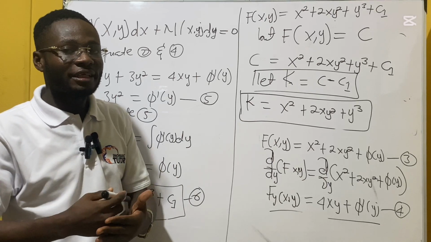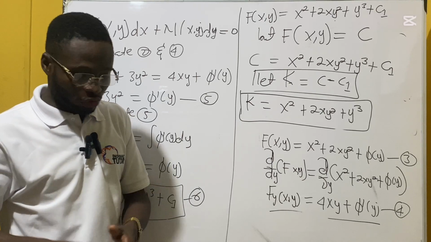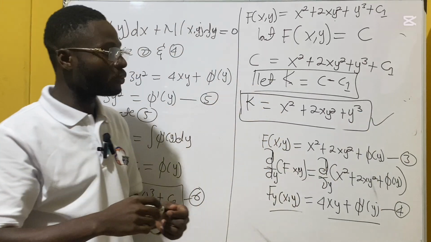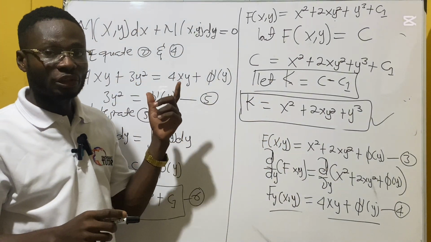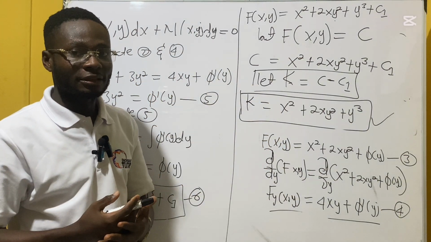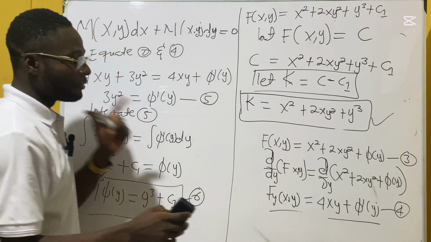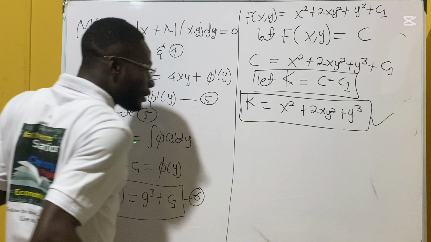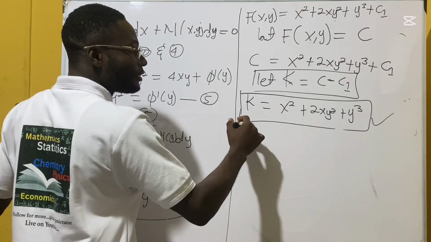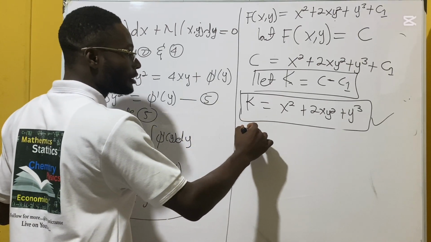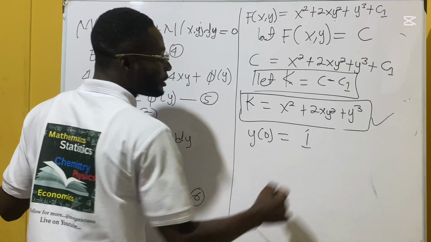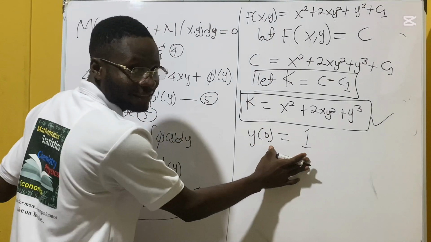But we have been given an initial condition. Okay, so this is the general solution to the differential equation that we had. We have been given the initial condition that y of 0 is equal to positive 1. Okay, so what does this mean?